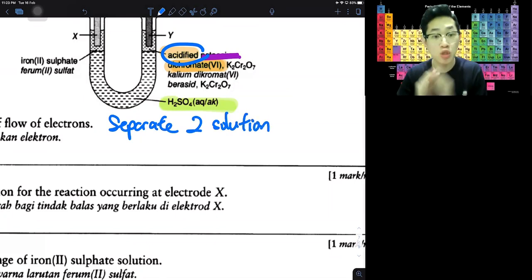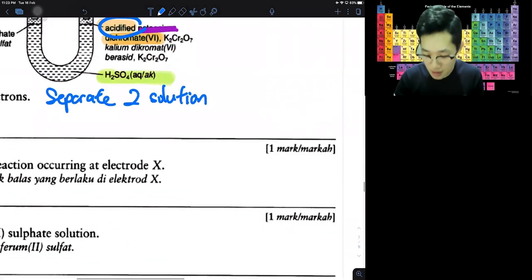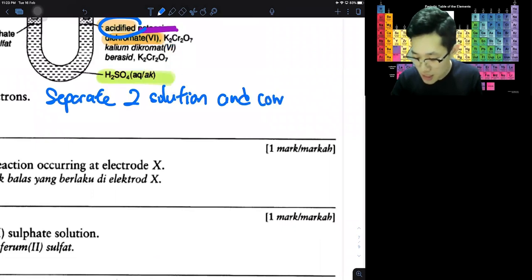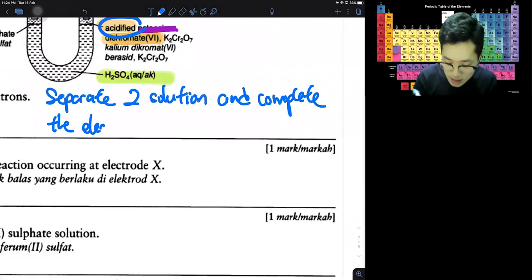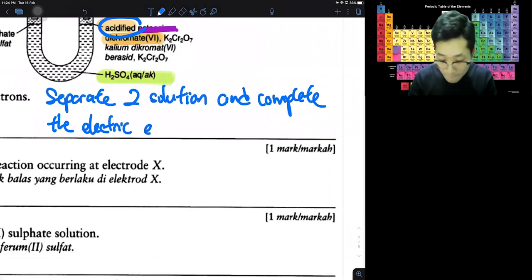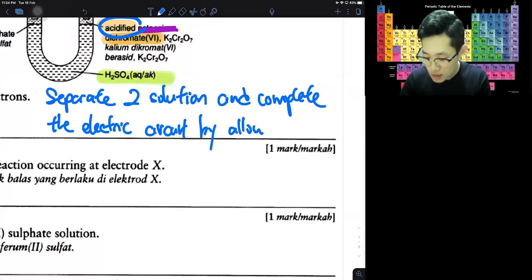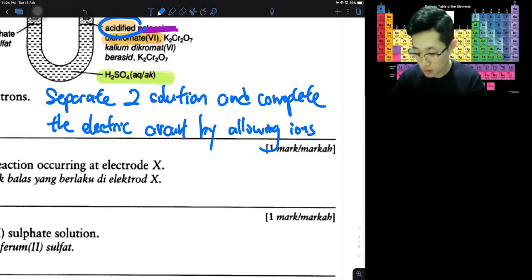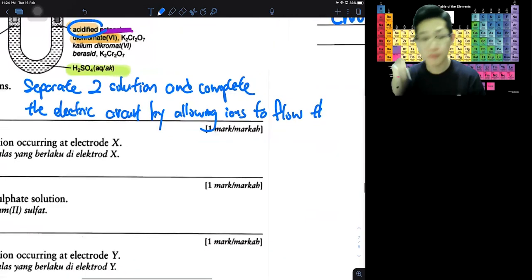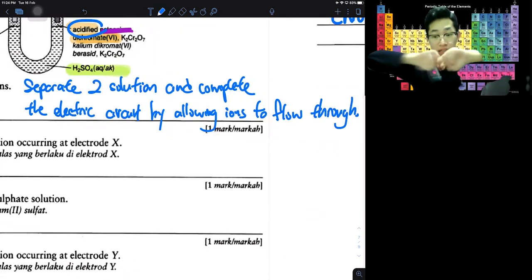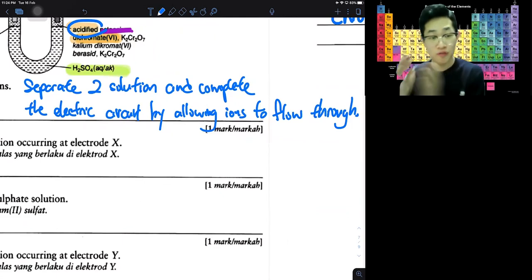It is just to separate the 2 solutions and complete the electric circuit by allowing ions to pass or flow through. 2 solutions separate, allow the ions to flow through.